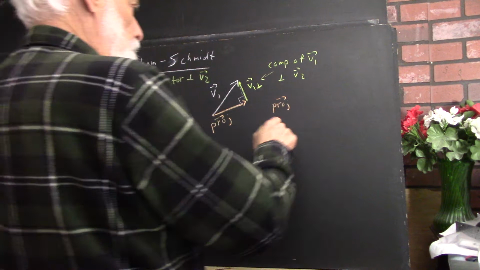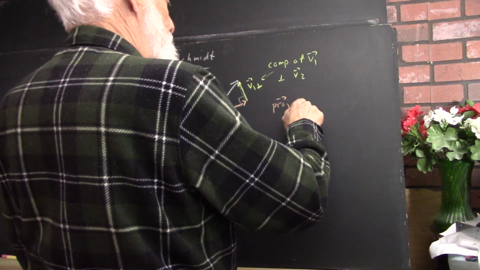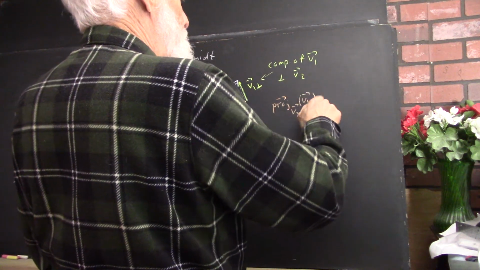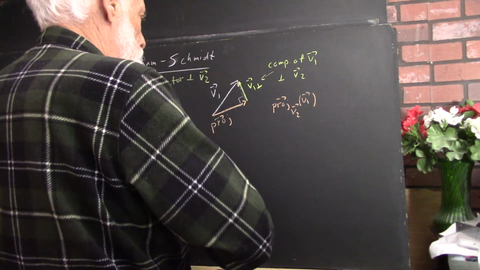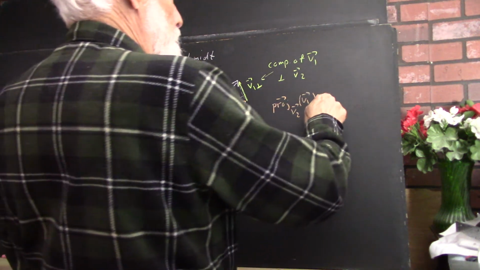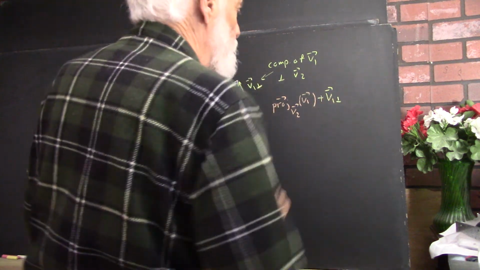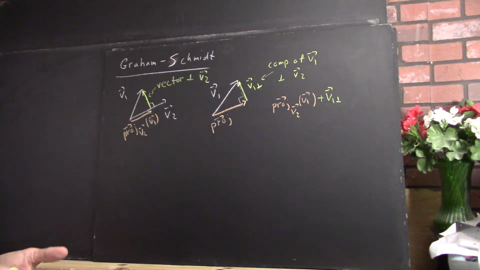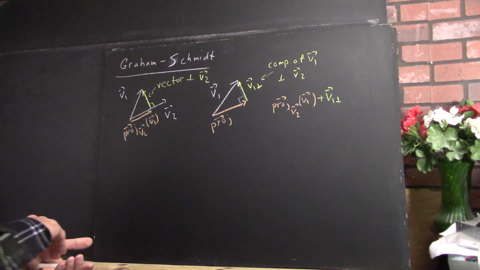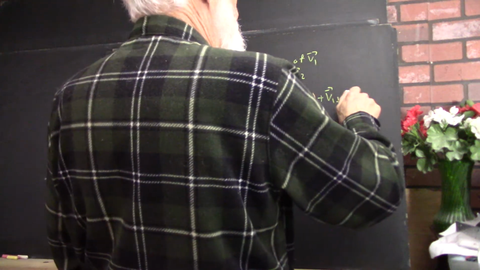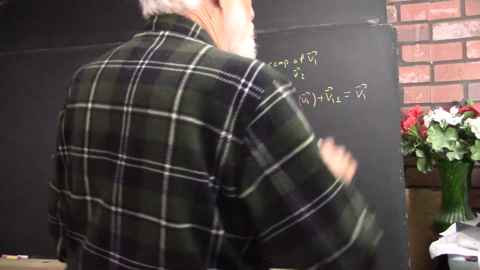And let's go ahead and write it out now. On v2 of v1 plus the vector I denote as v1 perpendicular, equals v1.